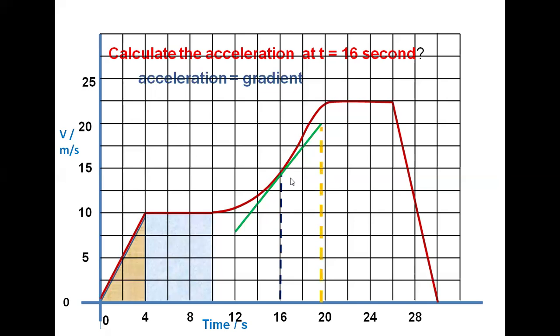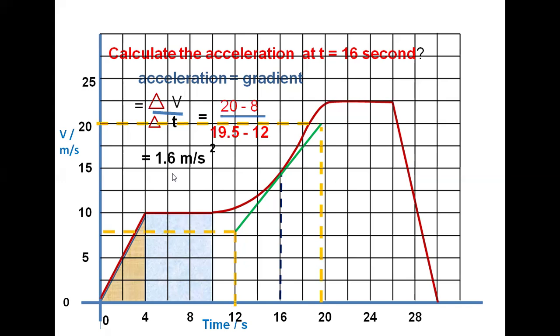So we will take this as x2, y2, and this as x1, y1. Let us solve. Delta V over delta T is equal to, what is y2? 20. And what is y1? 8. x2, 19.5. x1, 12.